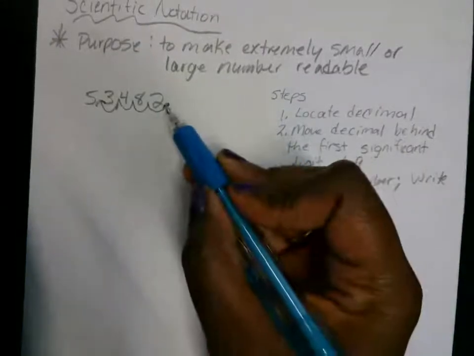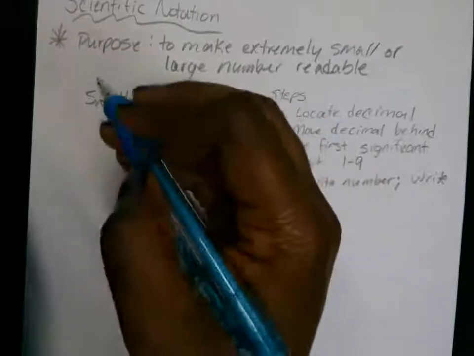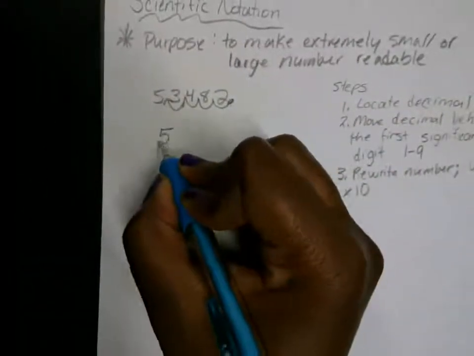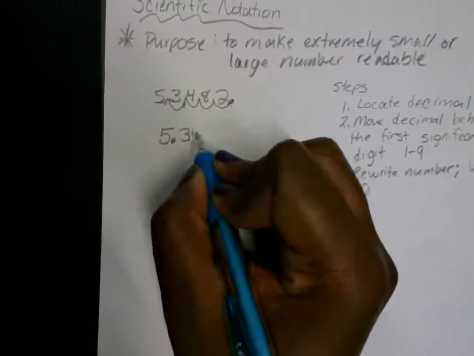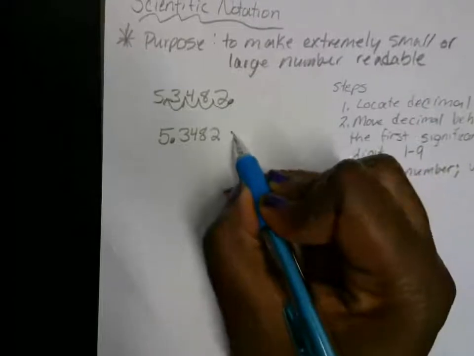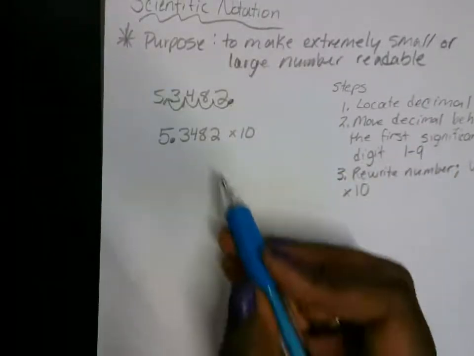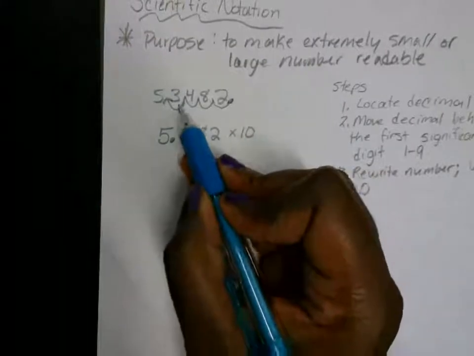So we moved it. How many times did we move it again? We moved it 4 times. So we write the number as such: 5.3482 times 10, and the exponent is going to be how many times we move the decimal.